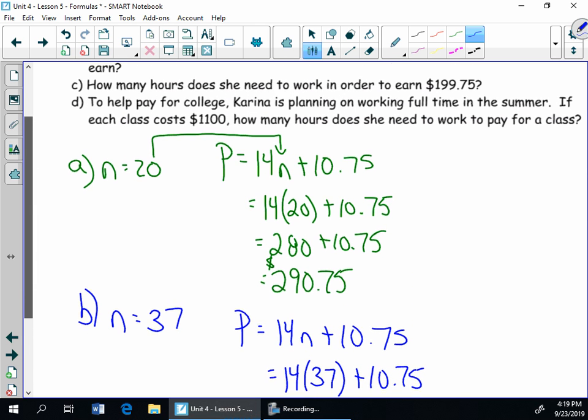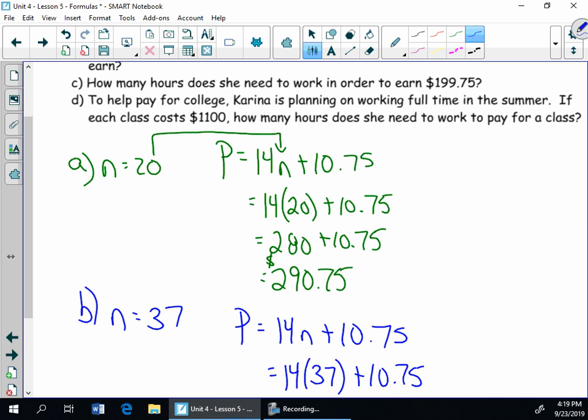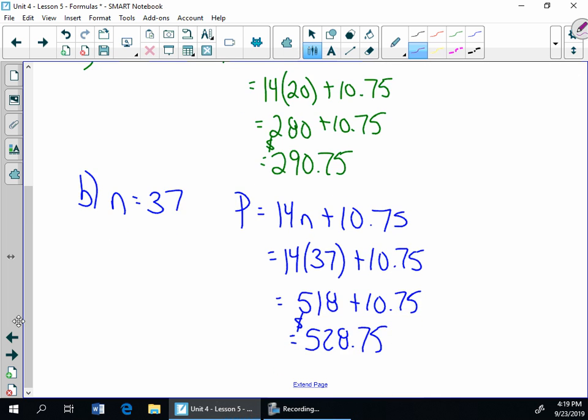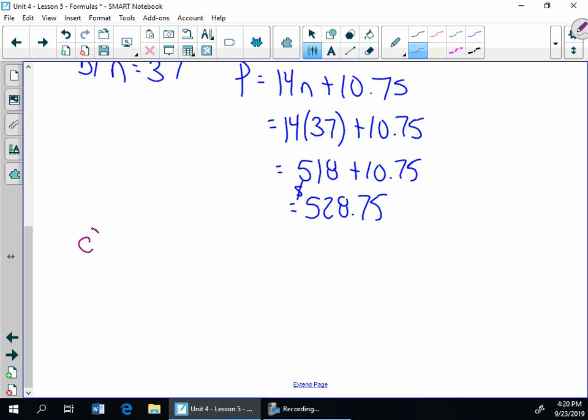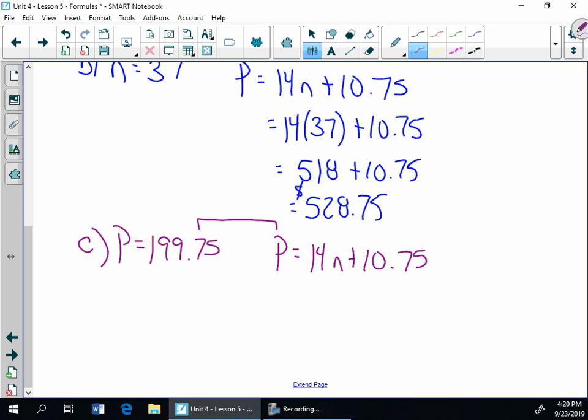Let's look at C. How many hours does she need to work in order to earn $199.75? So this time they're telling us how much she's getting paid. In other words, they're saying that P is $199.75. So if I take my same equation, just writing it out again here, and I'm being told that P is 199.75, I have something I have to solve now.